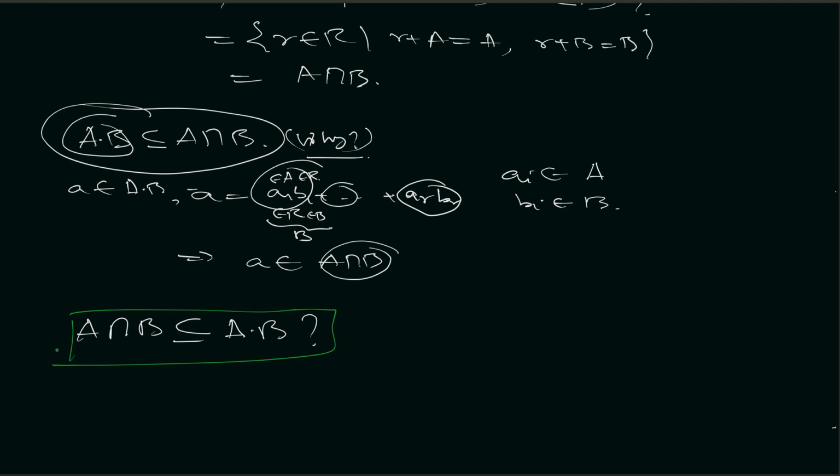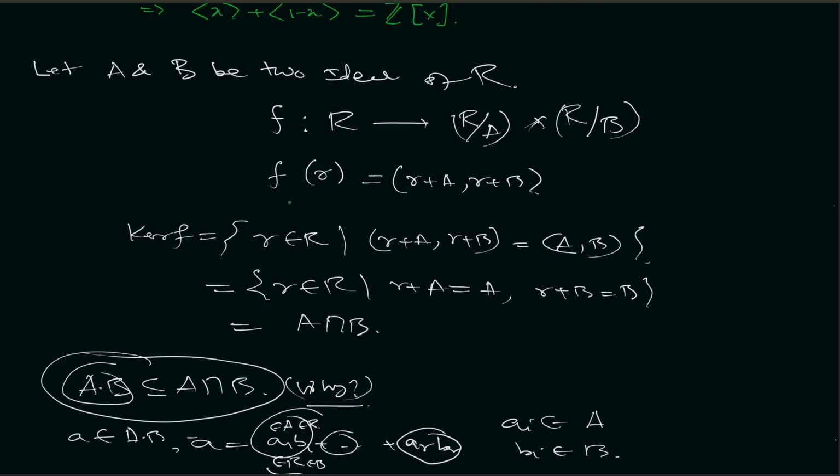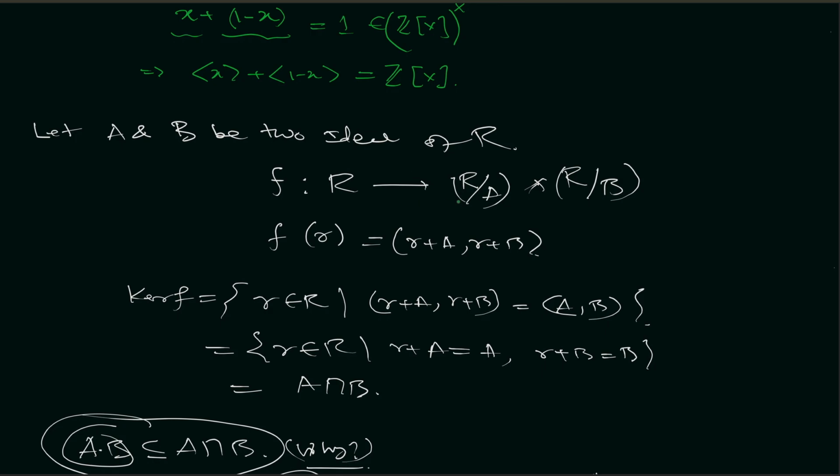Yes, it is true, but provided A and B are co-maximal or co-prime ideals; otherwise you cannot say anything. But how can we show that? So whatever map you have defined, this map need not be onto, but I want to make this map onto.